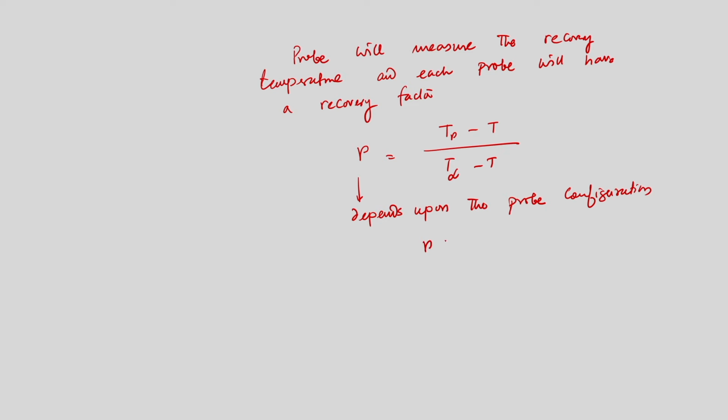R value is typically less than 0.99 and greater than 0.75. So, the value of R varies between these two values.